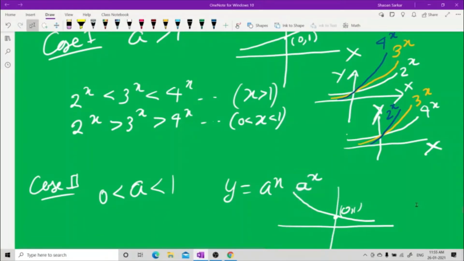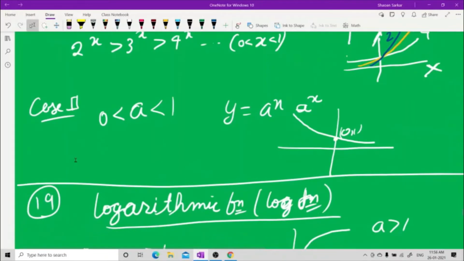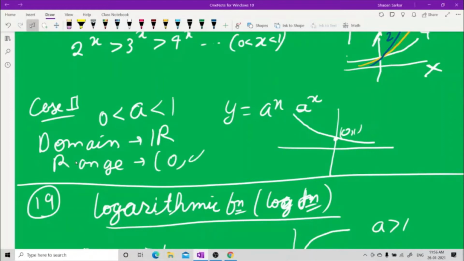In this case also, it is 0 to infinity. So let us write it down here. Domain is all R, the complete R, and the range in this case is 0 to infinity.